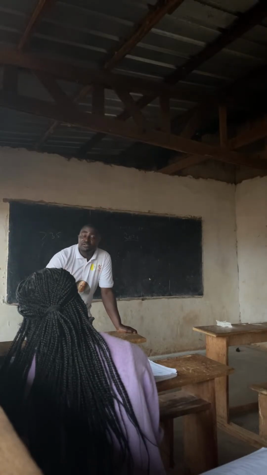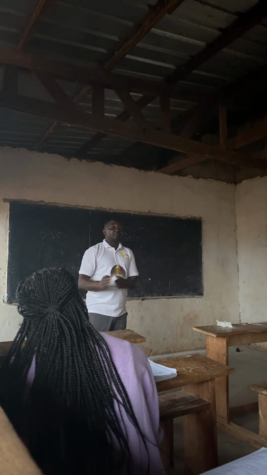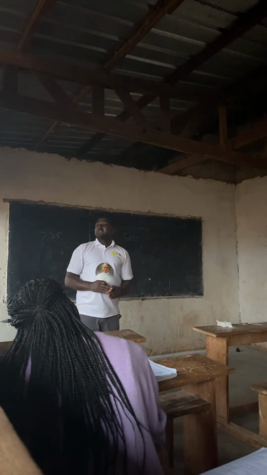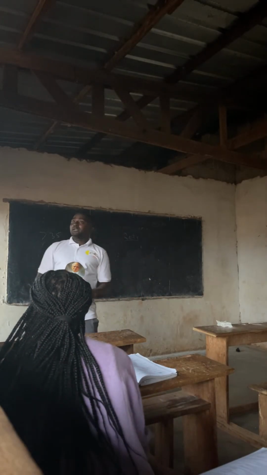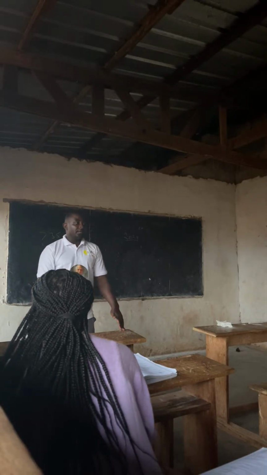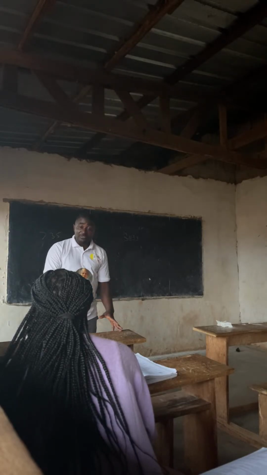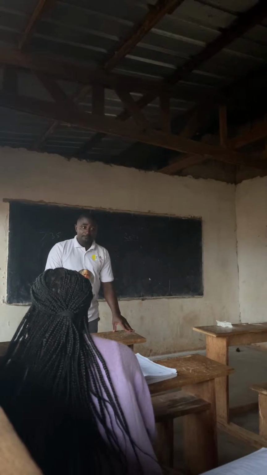The woman will start to collapse or faint. That one is eclampsia. So if they ask you to differentiate between eclampsia and preeclampsia, you should be able to differentiate. Now, the ectopic pregnancy, we know it is a type of pregnancy that develops outside of the uterus, and it is mostly seen in the fallopian tube or the ovum.